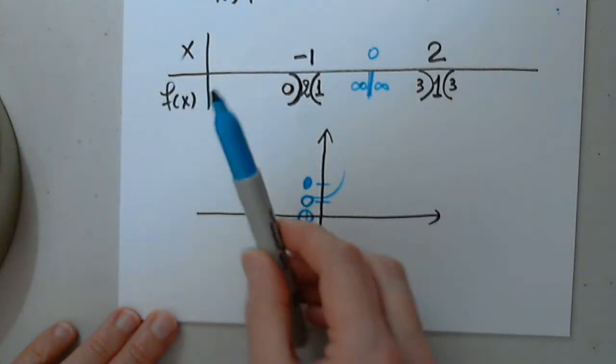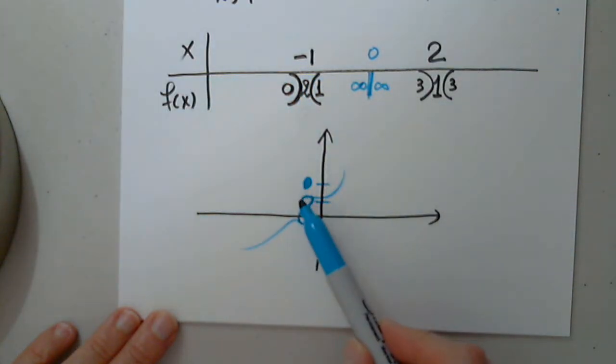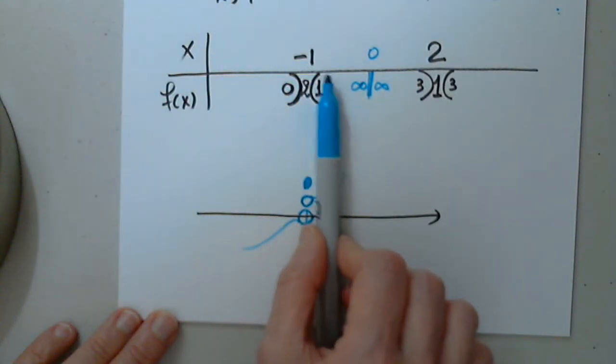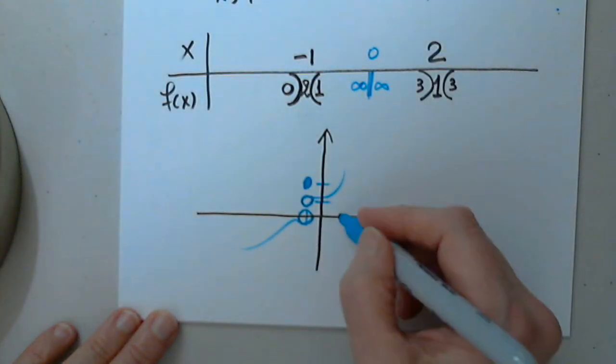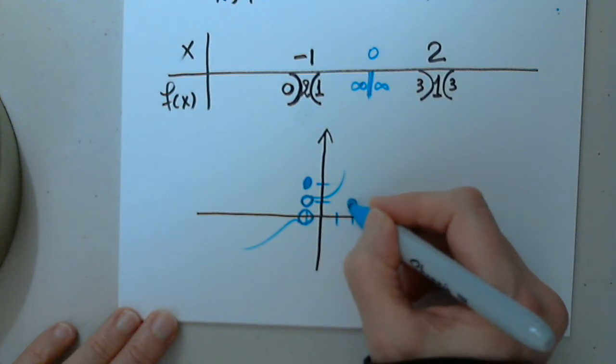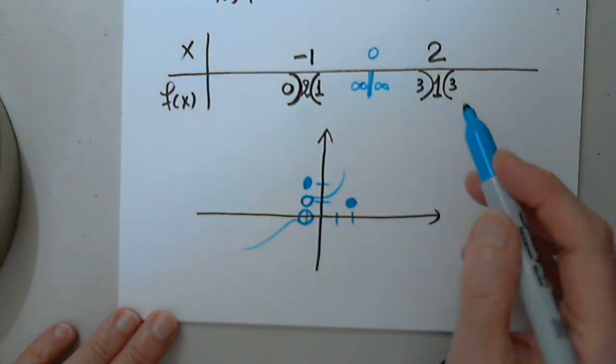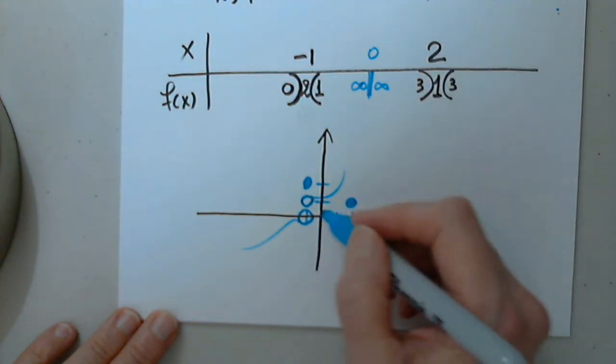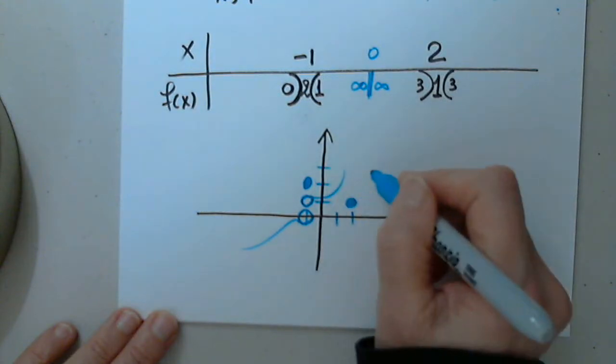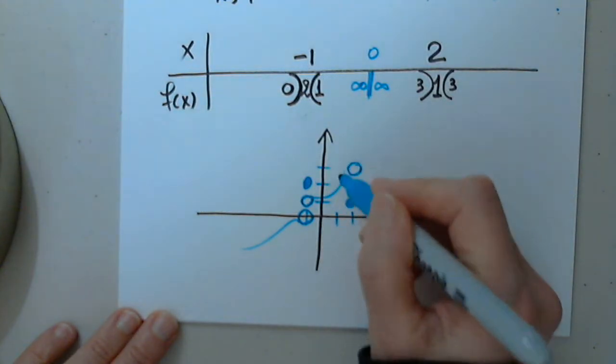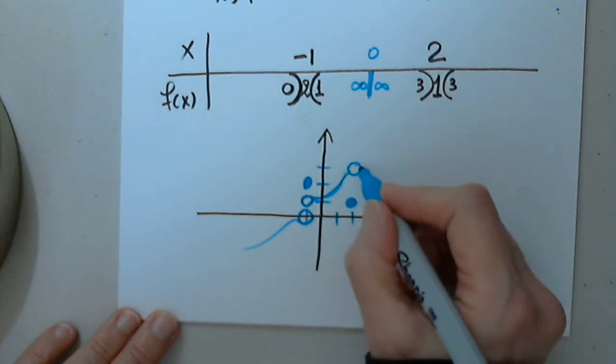But I make sure that it is a function. You cannot do this because it will not be a function. And 2, 1, full point. And 2, 3, open point. So here's my graph.